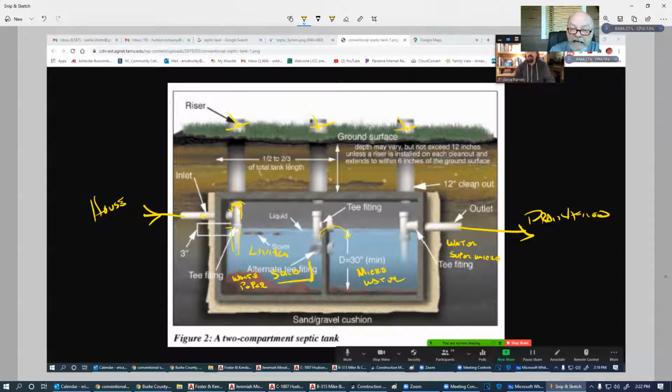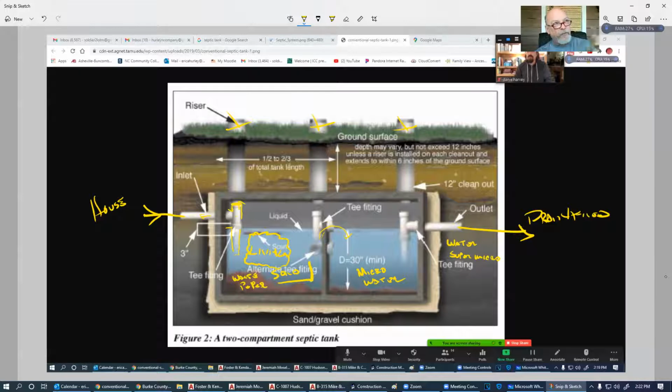Now, we need to have clean outs through here. Because, if we have designed this system properly and we take care of it, remember, I'm gonna put a little cloud around that living portion there. All right. Let's say that this septic tank is a 2,000-gallon tank, which is pretty good size, by the way.